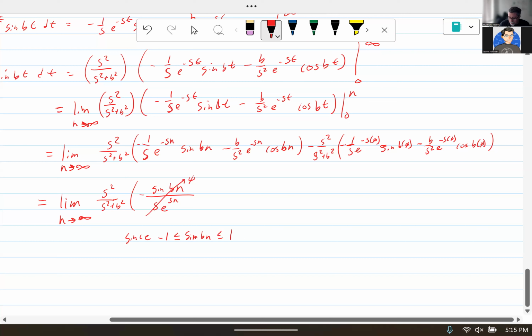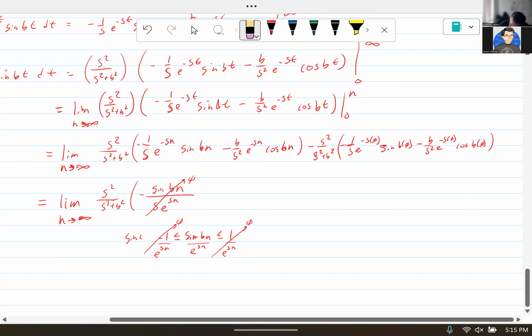Therefore, I could prove through the squeeze theorem that if I were to divide everything by e to the sn, this thing's going to go to 0. If I take the limit as n goes to infinity, that thing goes to 0, that thing goes to 0, and then by the squeeze theorem, that guy goes to 0 as well.